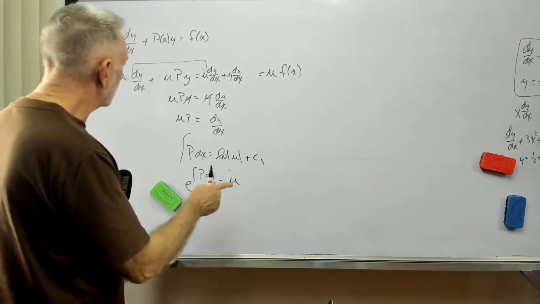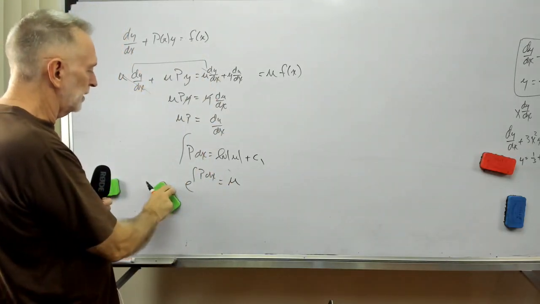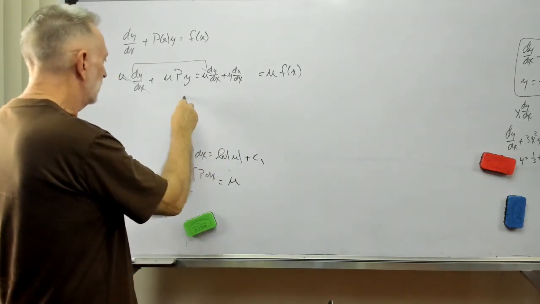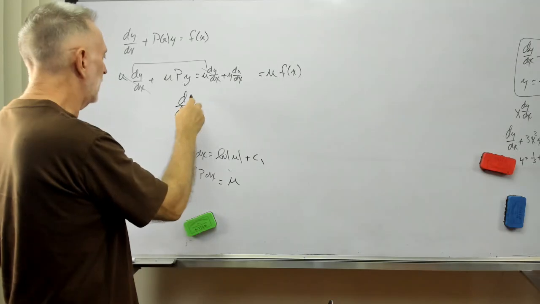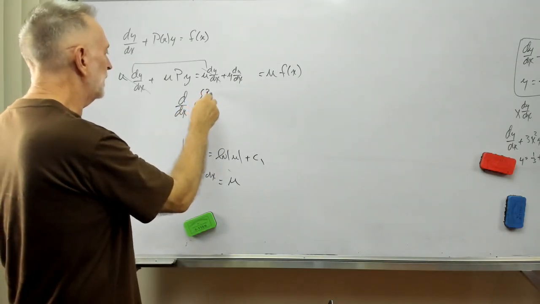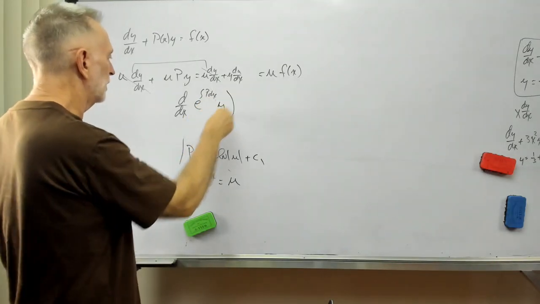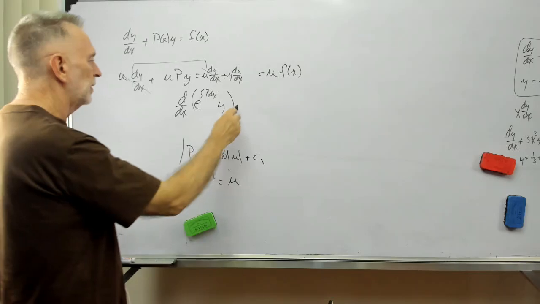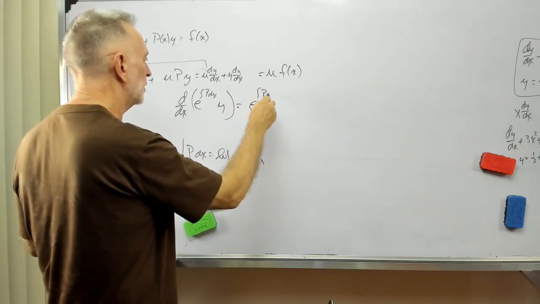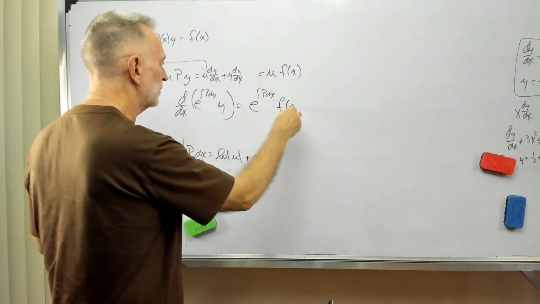So going back up here, what does all that end up telling me? Well, the derivative with respect to x of e to the integral p dx, which is u, times y, equals u, which is e to the integral p dx, times f of x.